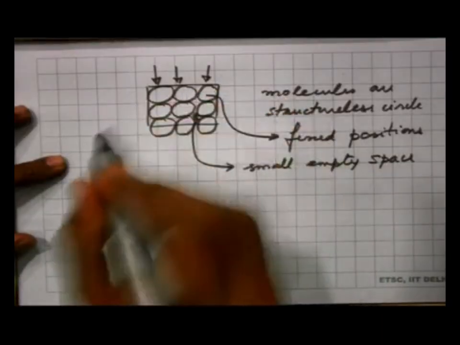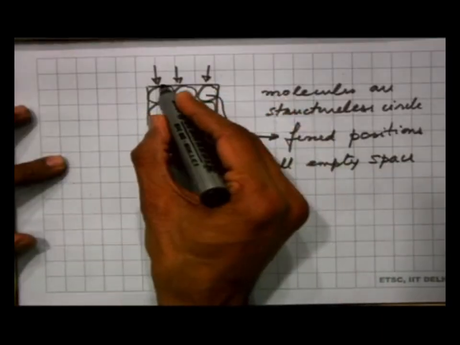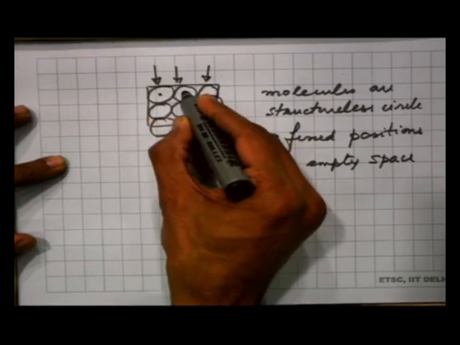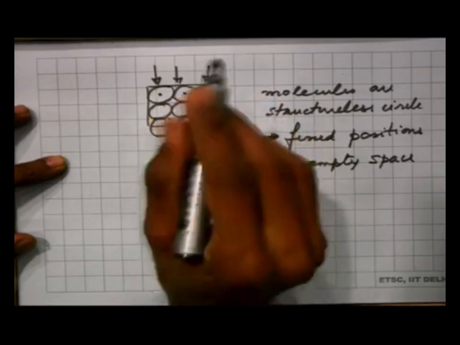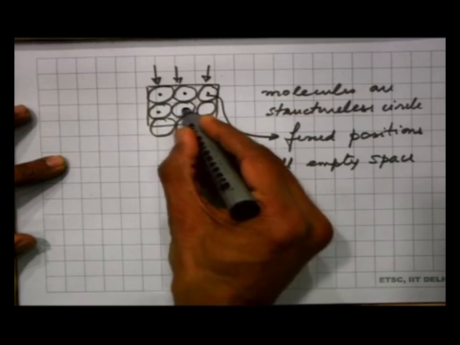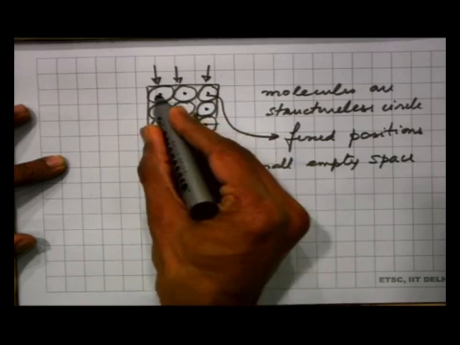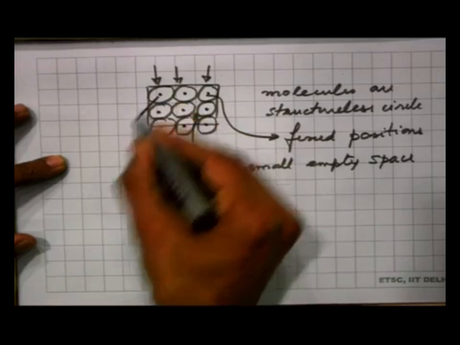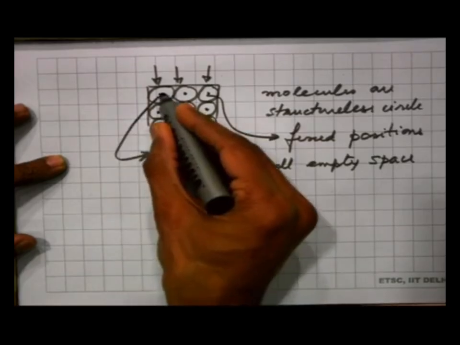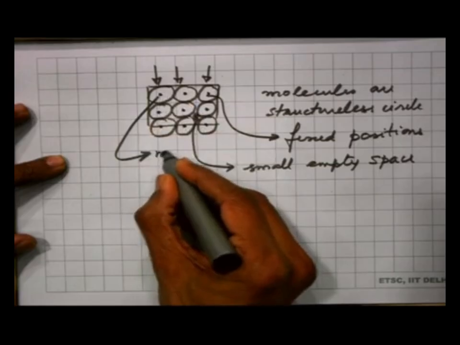Okay. But what you have to notice is that each of these, and I have taken a crystalline solid for convenience, these positions are fixed. So, this is the average position of the molecule. About this fixed position, these molecules vibrate.